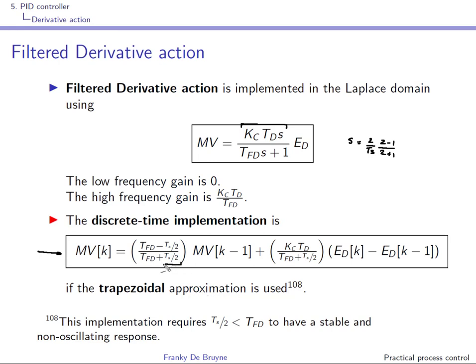Here you have the pole, and to make sure that it is stable and will result in a non-oscillating response, so that the pole has to be positive, we need that half of the sampling period must be smaller than the filter time constant used in the filtered derivative.